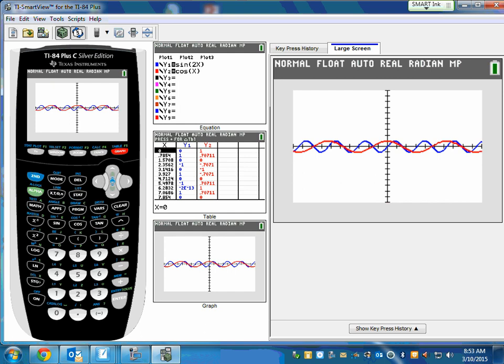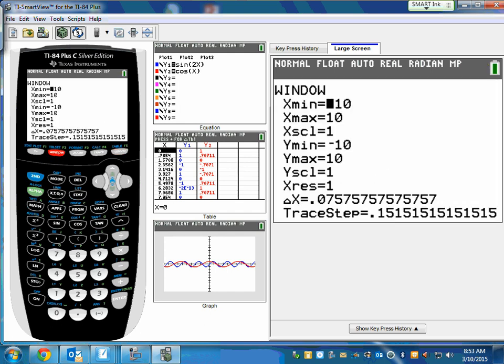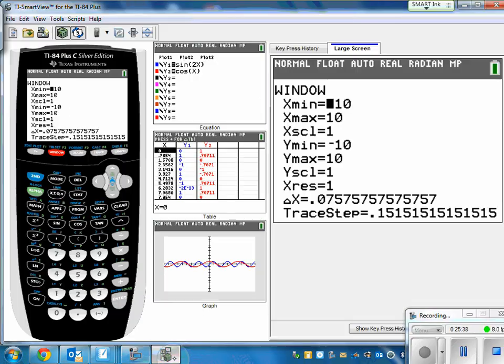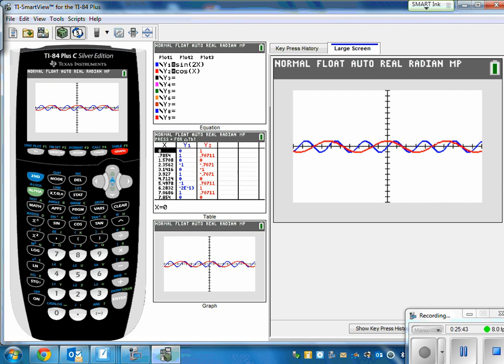Here's what I would do. They tell me my bounds, right, in this problem. It says, hey, I just want you to find the area between pi/6 and 5pi/6. Do you realize that if they didn't give us that, we wouldn't know which area we're supposed to find? Because there's a bunch of little areas in there, like a bunch of closed shapes. They just keep going on forever.